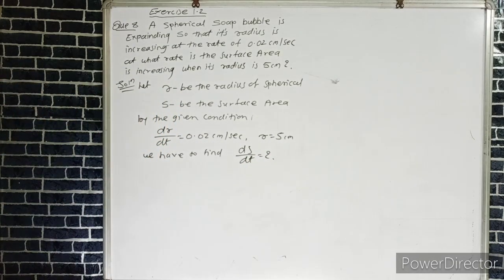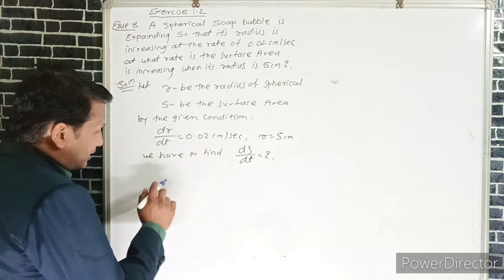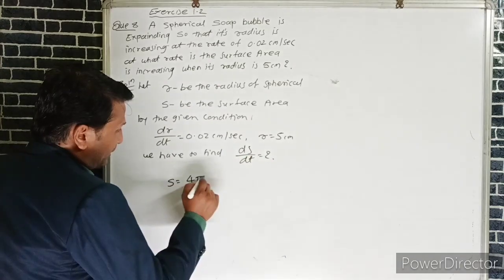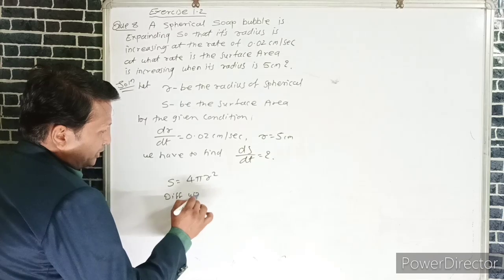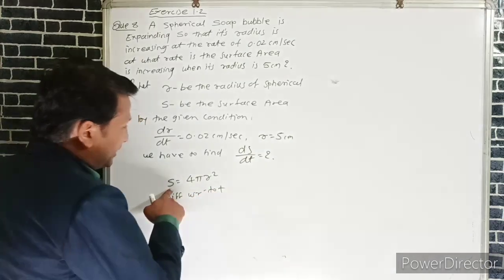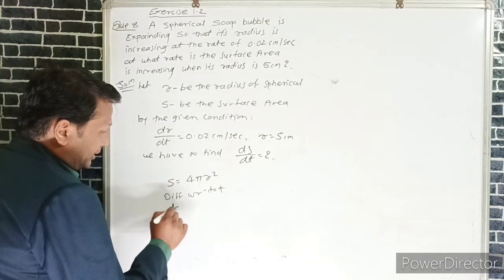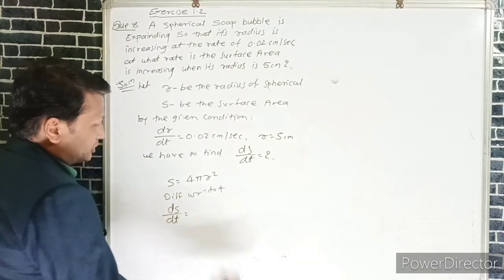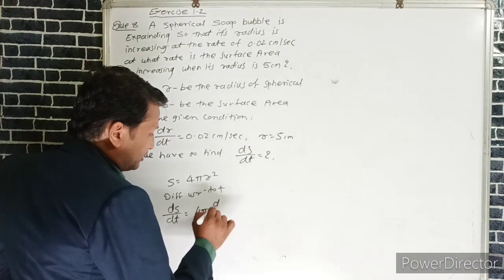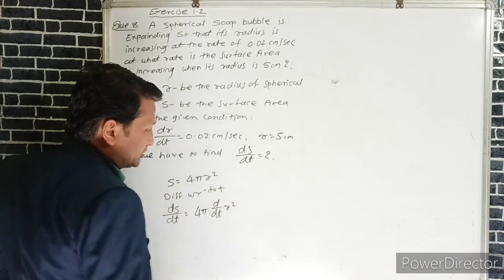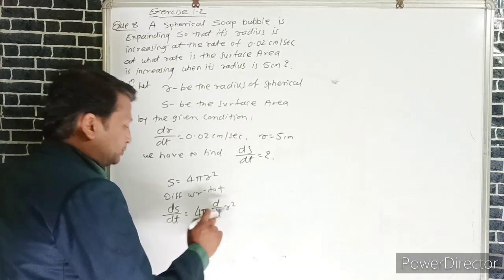So now we know that the surface area of a sphere S is equal to 4 pi r square. If we differentiate with respect to t, because we have to find ds upon dt, we get ds upon dt, 4 pi which is constant, times the derivative of r square with respect to t.